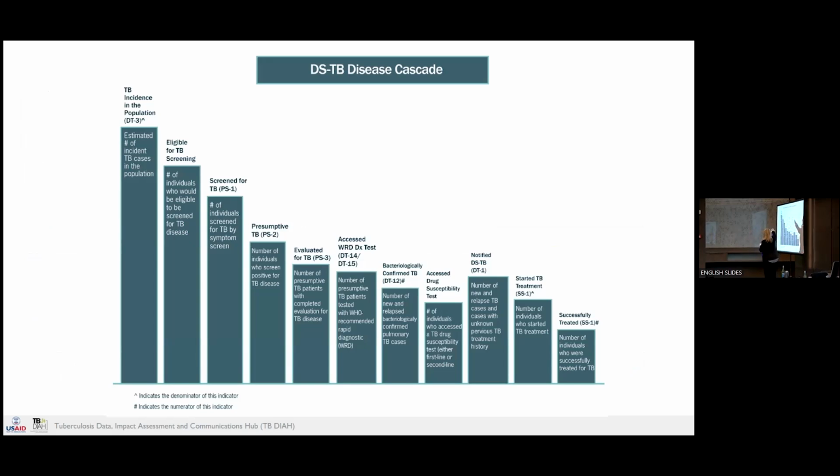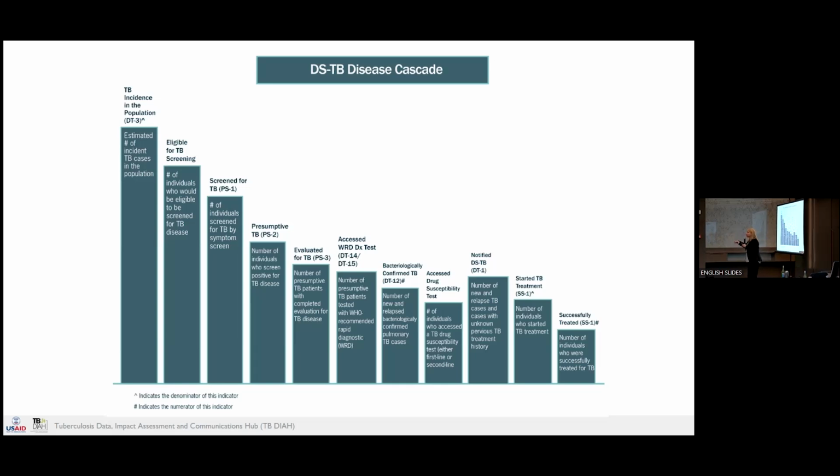They are for some reason not translated, but here we have TB incidence in the population, which is estimated TB cases in population. The only thing that I don't like in these cascades is the idea of starting with estimated, then we continue with the number to be screened.